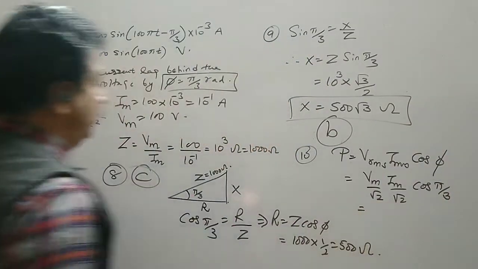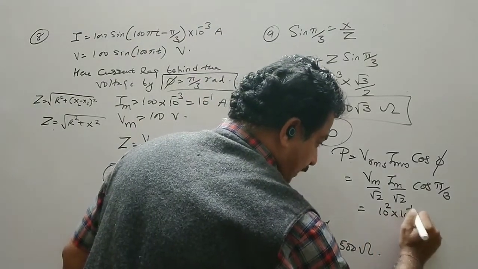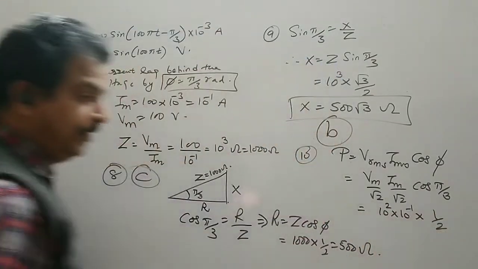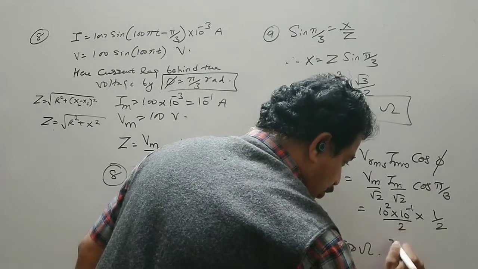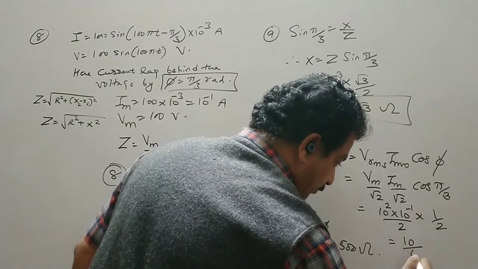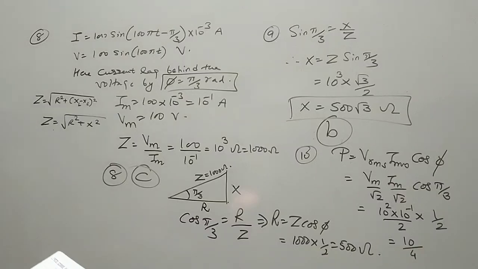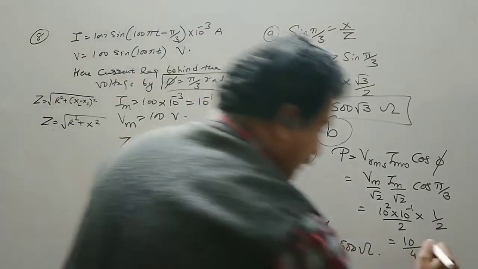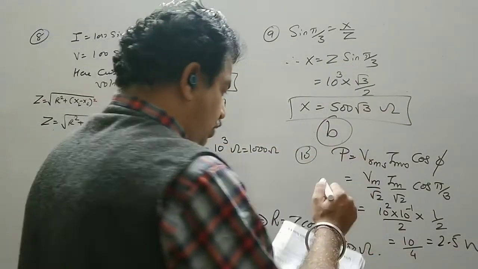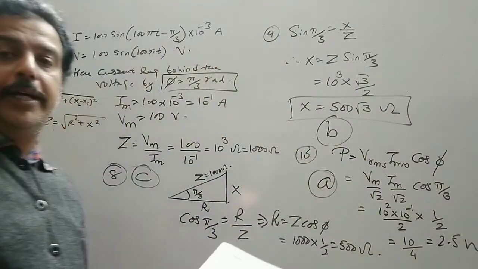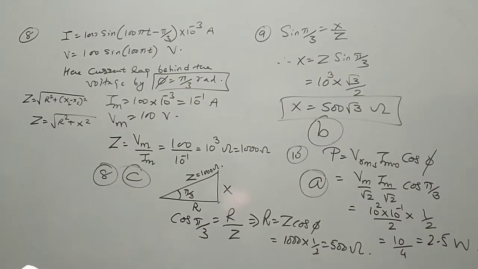This is equal to 10 raised to 2 into 10 raised to minus 1, cos 60 is half, divided by root 2 times root 2, that is 2. So this becomes 10 divided by 4, so it becomes 2.5 watt. That is option A. So this is the power loss in the circuit.